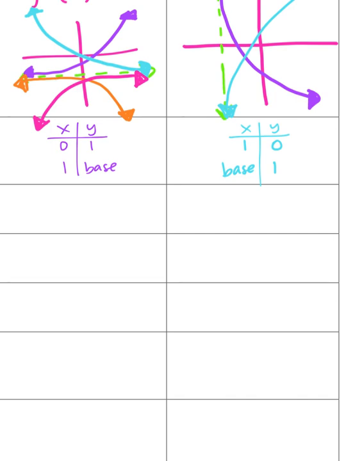So this is where we would start. And then any transformations, any left or right, any up or downs, any stretch, any flips, any compressions, all of that would happen after this point. For left or right, we would change the x value. For up and down, stretch, compress, flip, that would all change the y value.